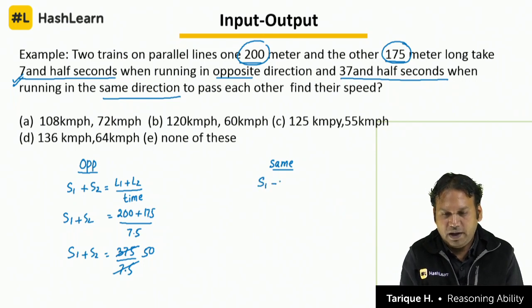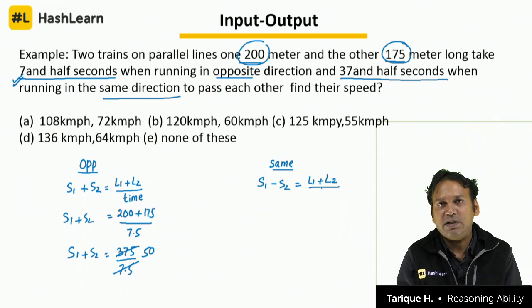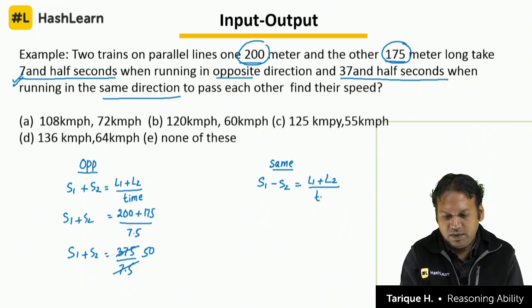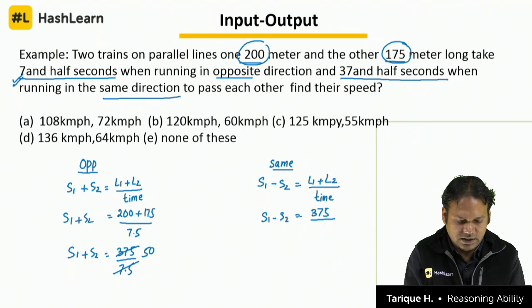In the same direction, what is the formula? S1 minus S2 is equal to L1 plus L2. See, the right hand side remains L1 plus L2 only, that is not changing. L1 plus L2 by time. So S1 minus S2 is equal to 375. We already know this is 375 from here.